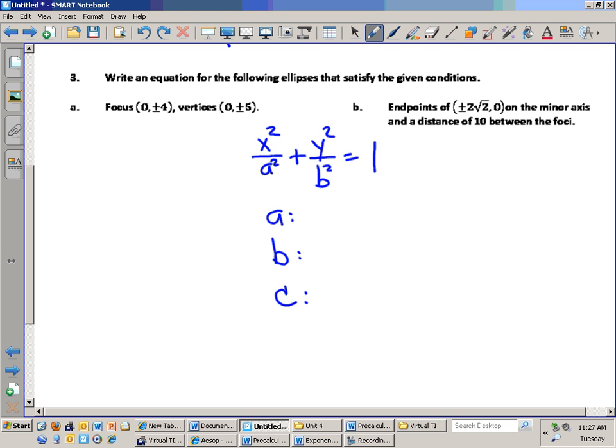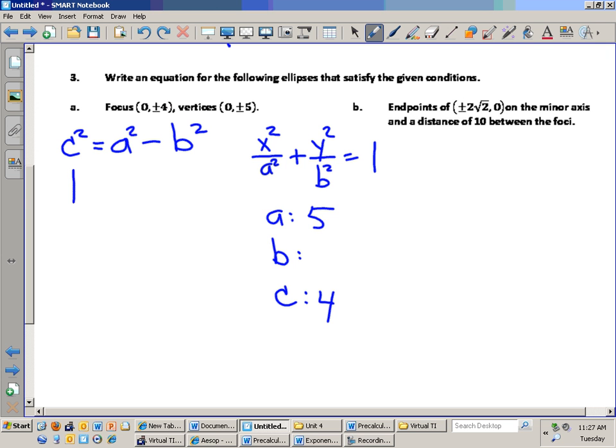I know A and C. What's A? 5. What is C? 4. How do I find B? C squared equals A squared minus B squared.